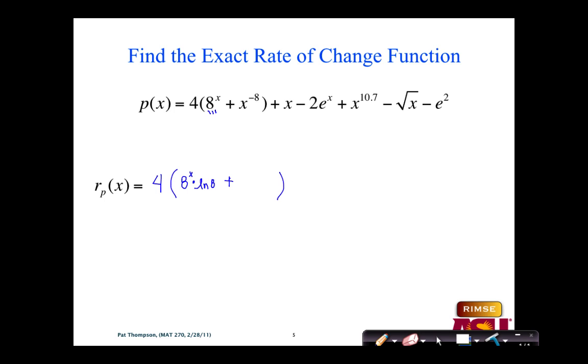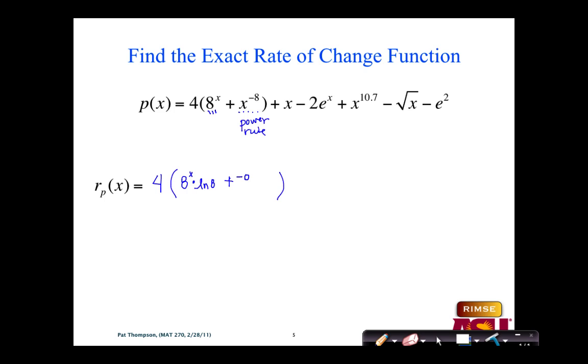Well, I've got the derivative of x to the negative 8 that I'm supposed to be finding. This is a power function with a numerical exponent. So our power rule says, well, we haven't dealt with a negative 8 power specifically yet, but it works the same as all the others.